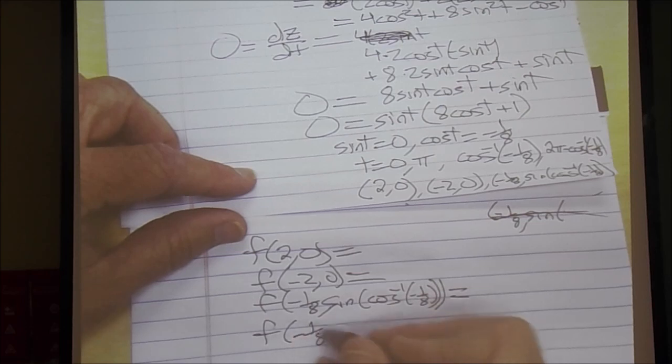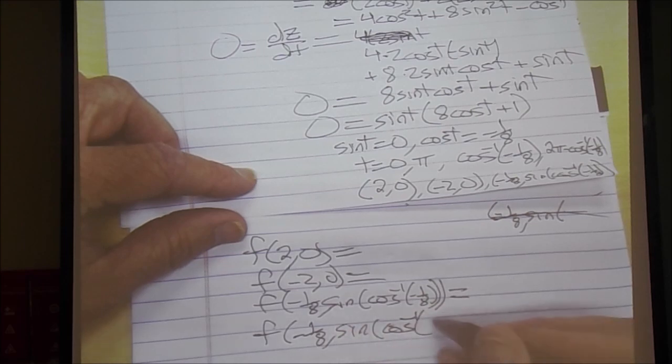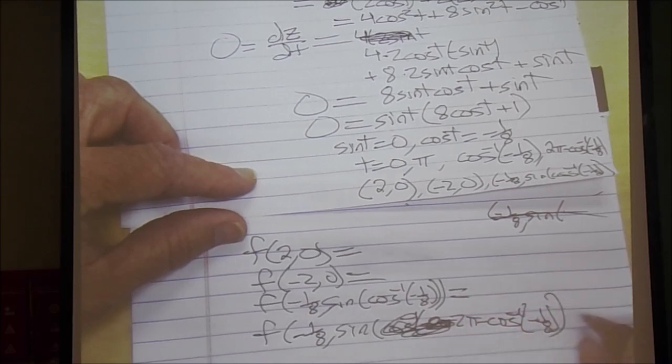Minus an eighth, sine of 2 pi minus the arc cosine of minus an eighth, and take f of the interior critical point (1/2, 0).